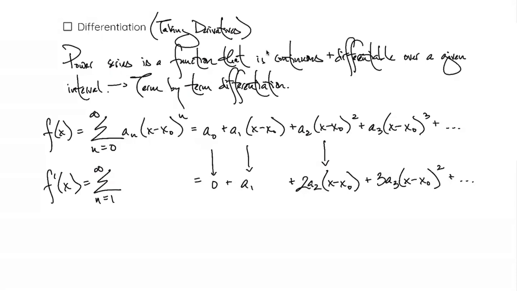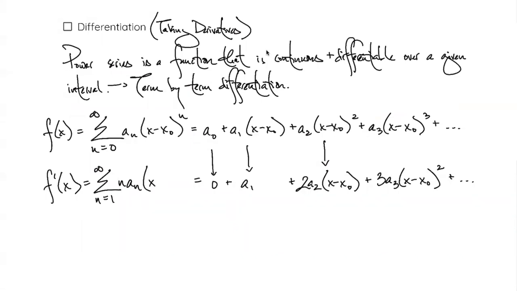Well, if we look at what's happening here, it seems like we kept bringing these powers down, right? So this was my n, and I brought it down to the front, and I got n times a sub n. In the fourth term, this is my n. I brought it down to the front, and it was 3 a sub 3. And so we can say that our new coefficient is going to be n a sub n, a product of those, because we're bringing the coefficient down from the power rule.